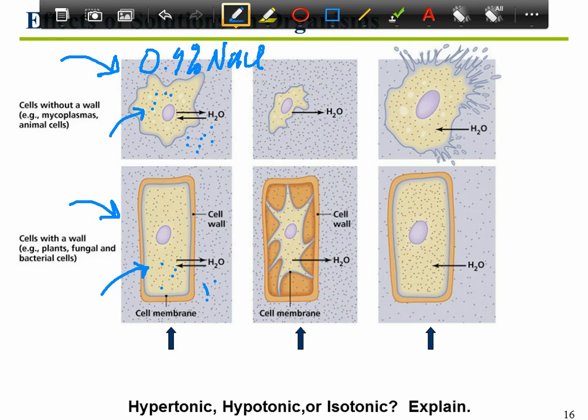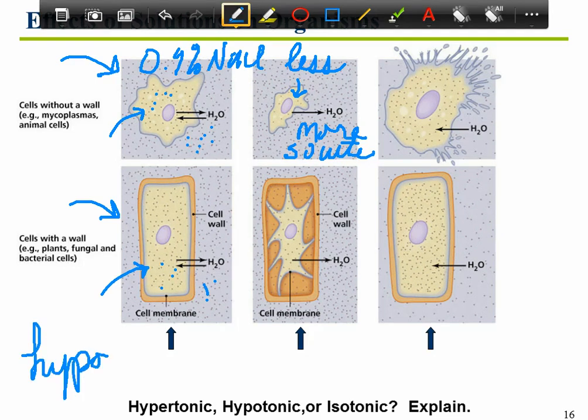Alright, now, let's go to the second scenario here. And notice that our cell now is in a solution where there's more solute out here. Look at the number of purple dots, compared to the solutes in the cell, less solute in the cell. So the term for that, wherever you have less solute, that solution is called hypotonic, and the solution with more solute is called hypertonic.